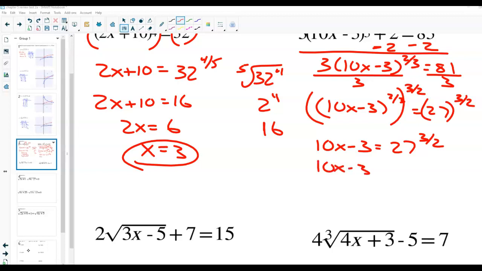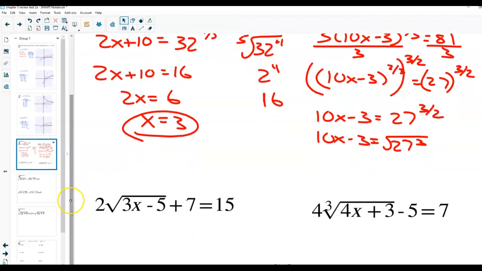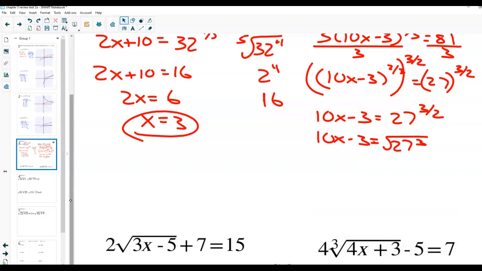It's simply the square root of 27 cubed. So my answer is going to look as such. 10x equals 3 plus the square root of 27 cubed, excuse me. And my answer is this.